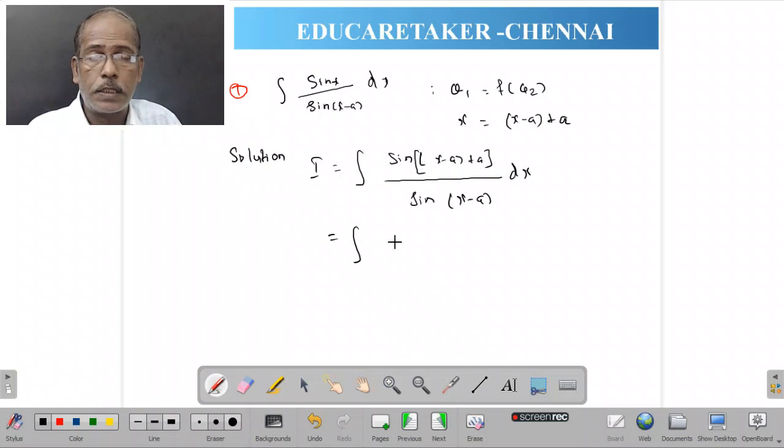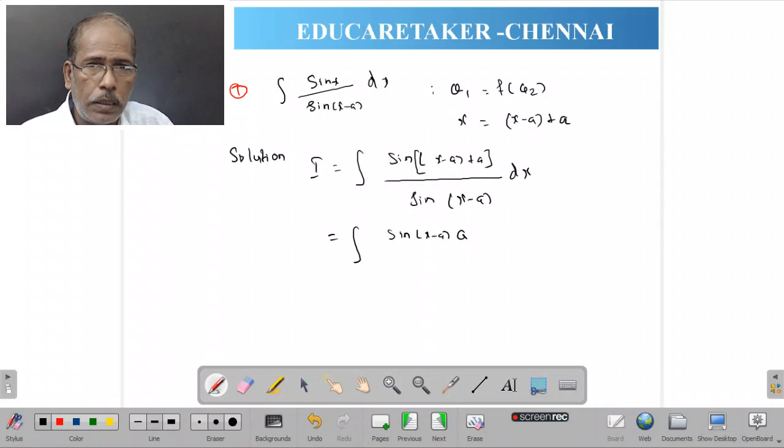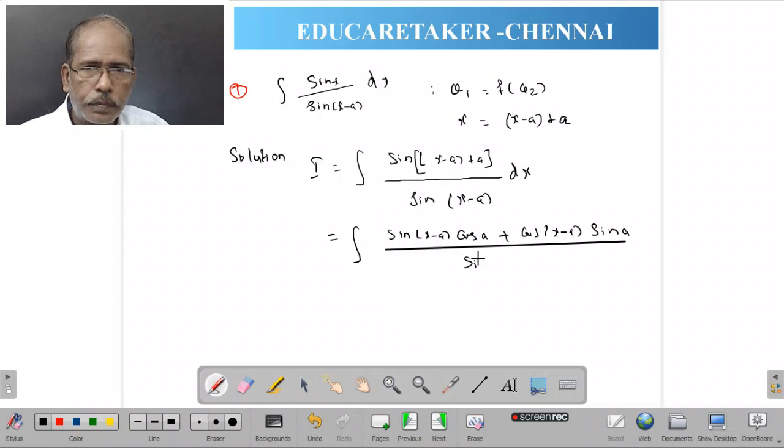Sin of a plus b is sin a cos b plus cos a sin b. So sin of x minus a and cos of a, plus cos of x minus a and sin of the second angle a, over the denominator sin of x minus a.